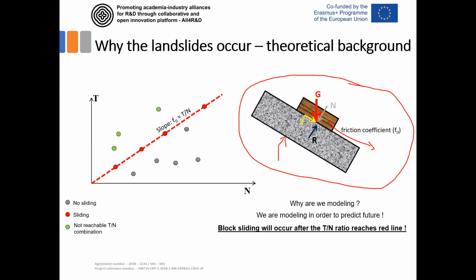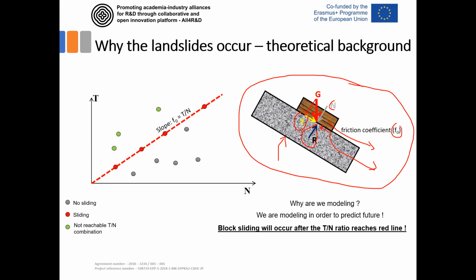The sliding occurs when this force T, a component of this force G, becomes greater than the friction resistance. And friction resistance is the reaction, equal to this component, multiplied by the friction coefficient, defined as F0 here.